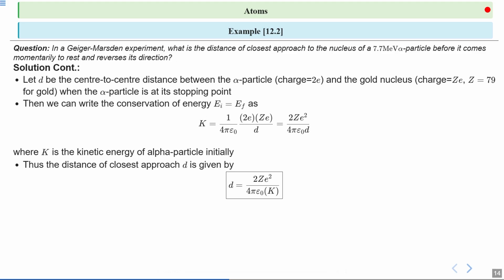So the formula for the distance of closest approach is D equals 2Ze square upon 4 pi epsilon naught K. This means D depends on the charge of the nucleus Z, the charge of the alpha particle, and the initial kinetic energy K. If the kinetic energy increases, D gets smaller, meaning the particle can get closer to the nucleus.